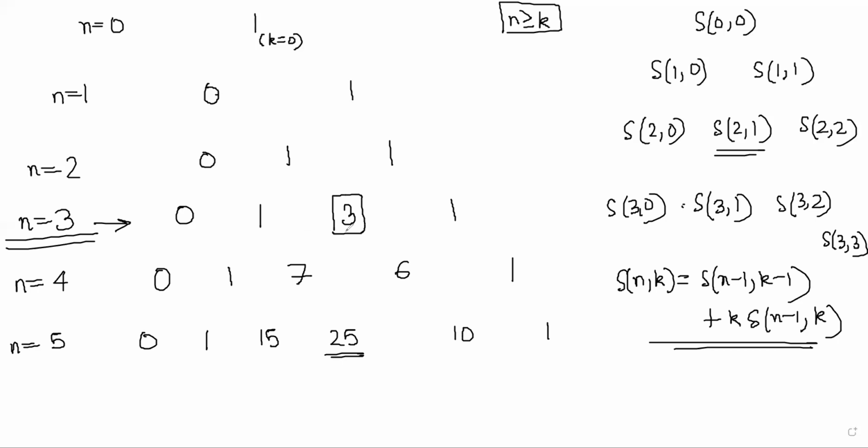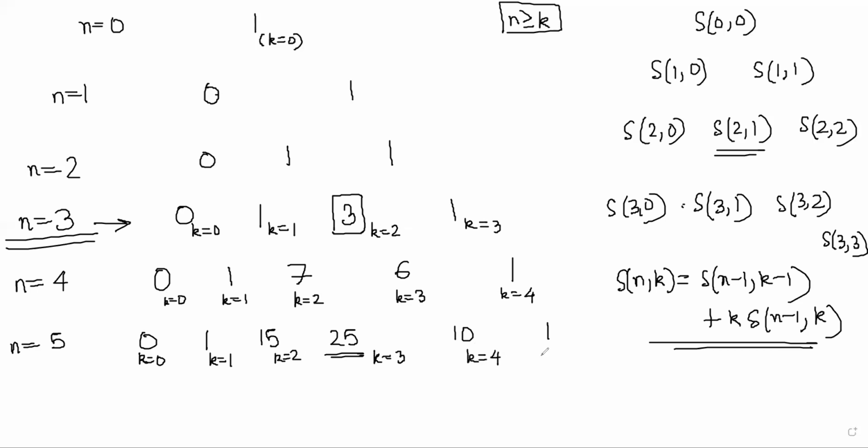This particular value is when k is equal to 2 here, right? k is equal to 0, k is equal to 1, k is equal to 2, and k is equal to 3. This is k is equal to 0, 1, 2, 3, k is equal to 4. And here k goes from 0, 1, 2, 3, 4, and k is equal to 5 here, right? So once we have this, I'll put the values here also.